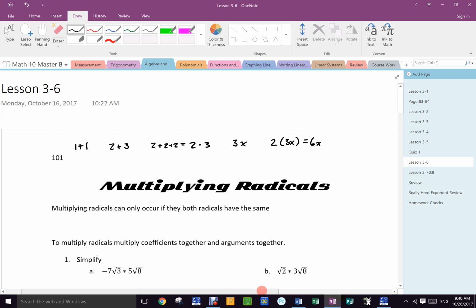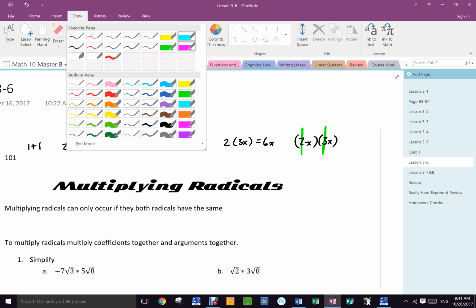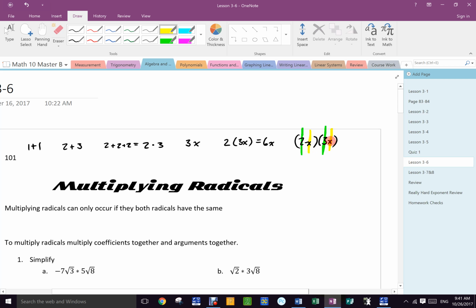And then along came grade 10, and it became 2x times 3x. And what did you do? Numbers went with numbers. Exponents went with exponents. And you got 6x squared.